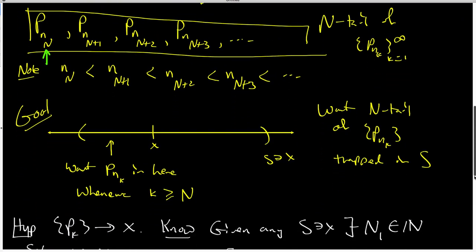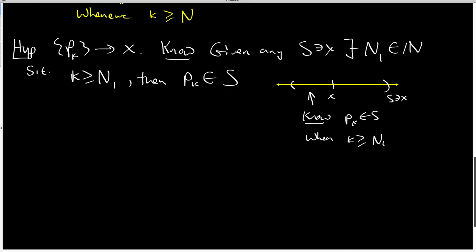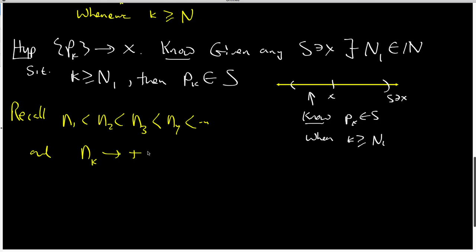So here's how I'm going to write it down. I want to recall that n_1 is less than n_2 is less than n_3 is less than n_4 is less than, and I know that the n_k's march off to positive infinity.